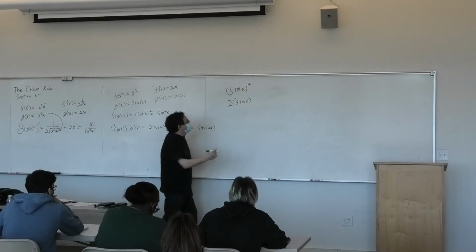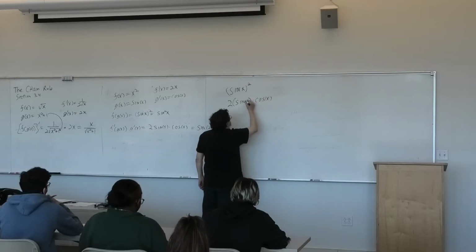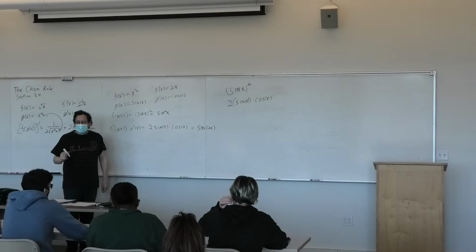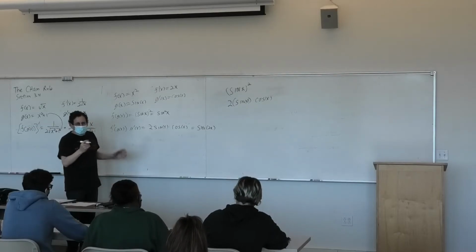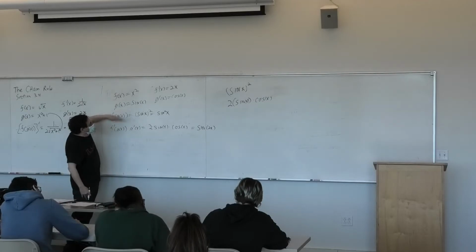But I'm not done. I have to find the derivative in here. Okay, that's kind of the short version. I'll show you some examples of doing that. It's not really a shortcut, it's just not writing it all out.